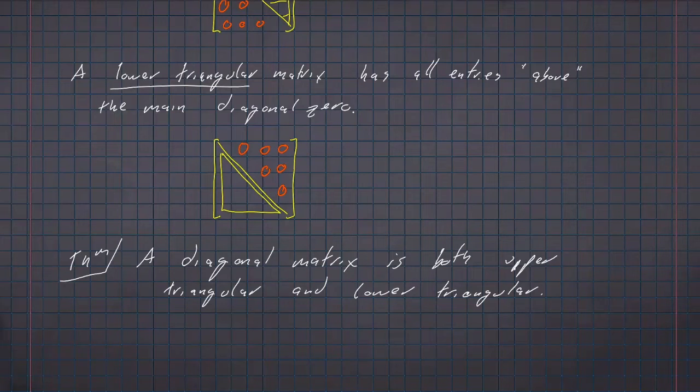A diagonal matrix is both an upper triangular matrix and a lower triangular matrix. Like I said, when I was a student, I always felt like a triangular matrix should specifically be a thing where all these points are non-zero, not just talking about where things are 0.